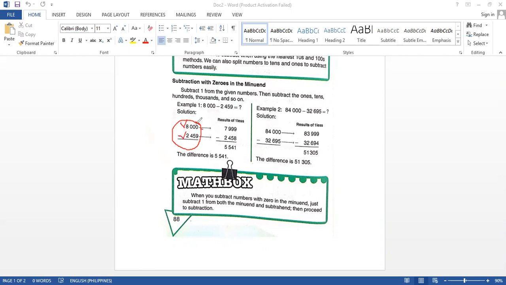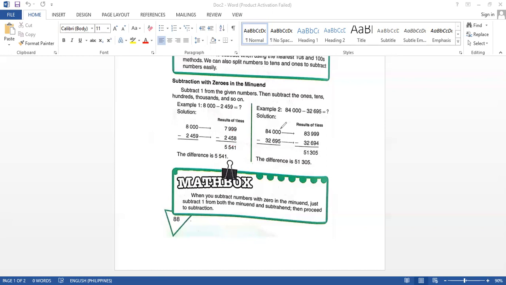So 8,000 minus 1 is 7,999. 2,459 minus 1 is 2,458. So we can subtract numbers easily. So here, 9 minus 8 is 1, 9 minus 5 is 4, 9 minus 4 is 5, 7 minus 2 is 5. So the difference is 5,541. Okay, so how about this one?